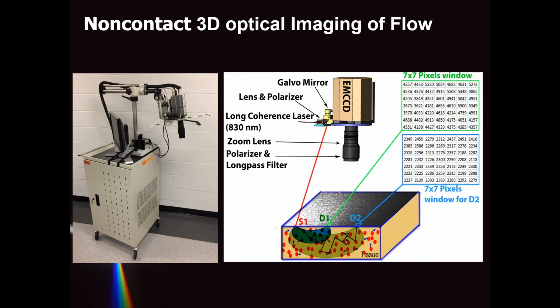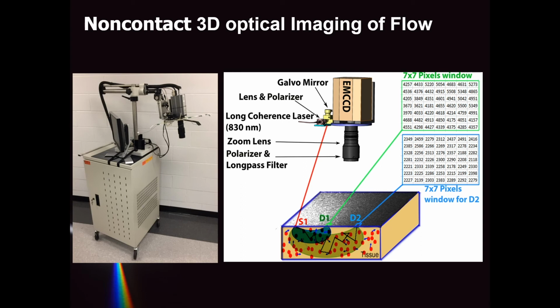The coherent point source, for example laser light, diffuses through a banana-shaped photon pathway inside a deep tissue volume and reaches the detector. You can see here there is a banana shape. This one is our source, it can be light from our laser, and this one is our detector, it can be something like a camera.